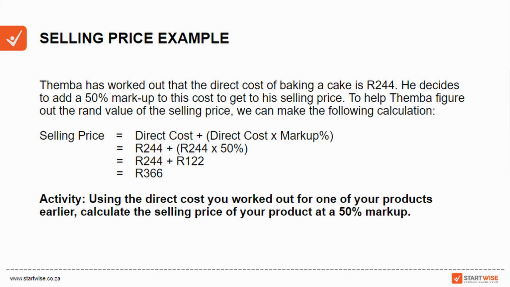To help him figure out the rand value of the selling price, we can make the following calculation. His direct cost was 244 Rand, and if we add that to his direct cost times a 50% markup, that will give you 122 Rand. So the total price that he will charge for his cake is 366 Rand.